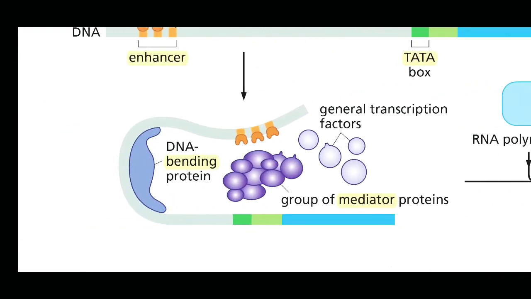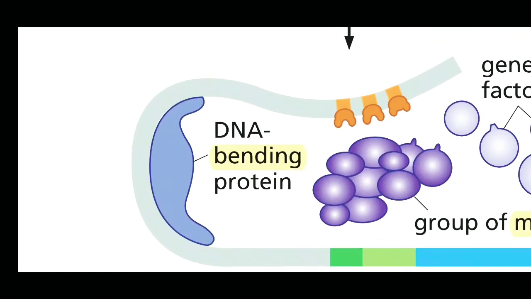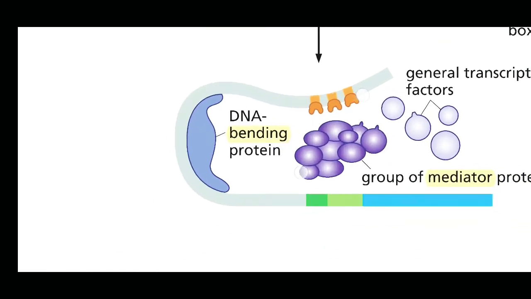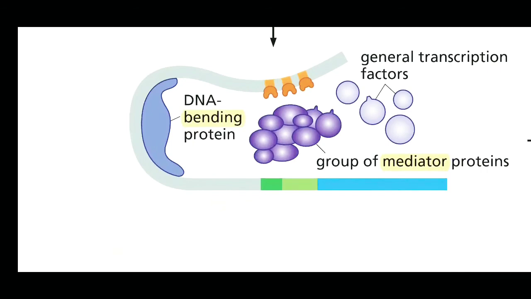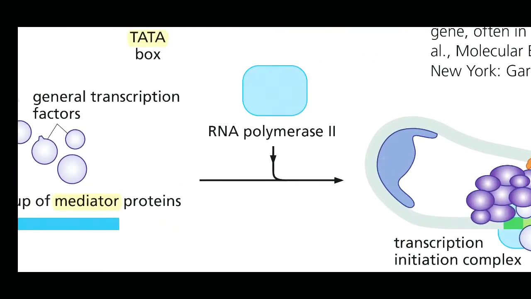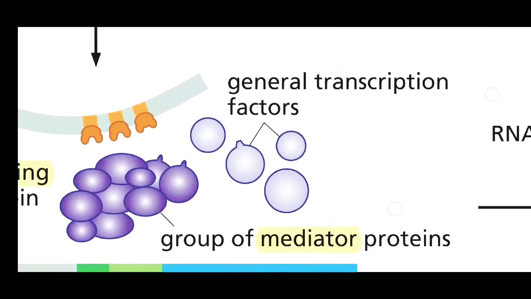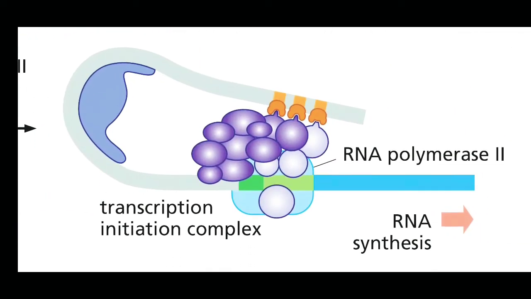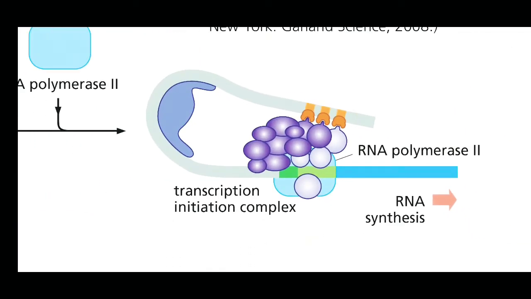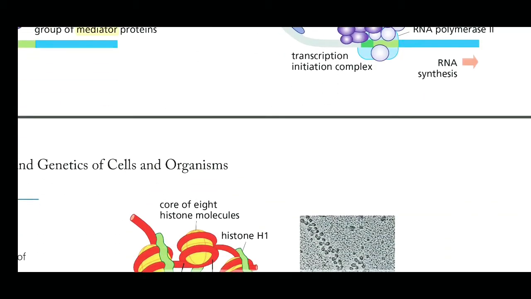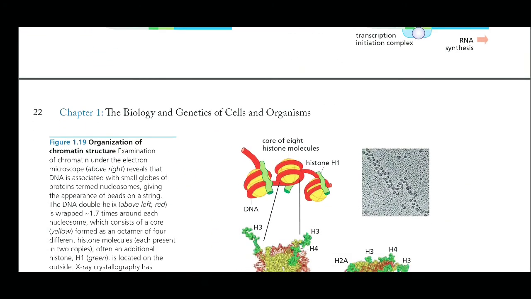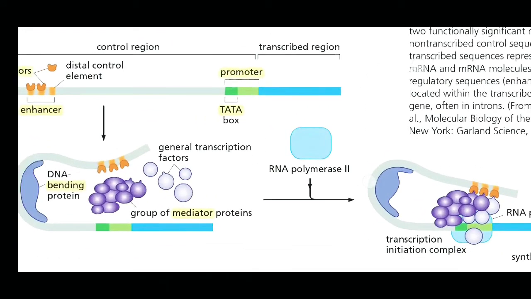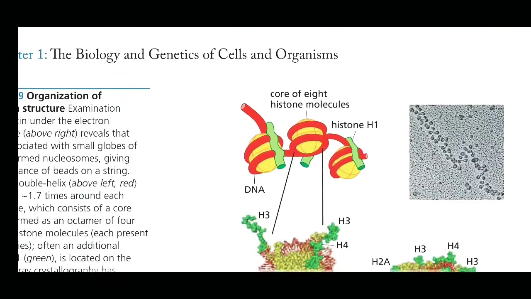And with the help of a DNA bending protein, which helps to bend these DNA segments to bring the promoter close to the enhancer, the RNA polymerase, with the help of your transcription factor, binds with your promoter region, and then the synthesis of RNA occurs. In this way, it's controlled. So if there is any kind of defect in this region, it's going to lead to cancer cells.